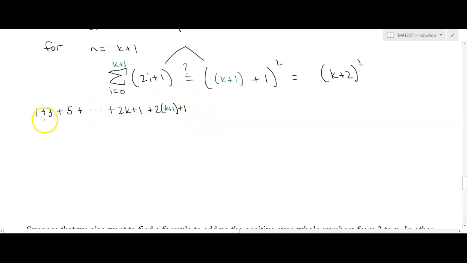The reason we write it like this is because I want to show that this right here is really just the sum of the first k odd numbers.